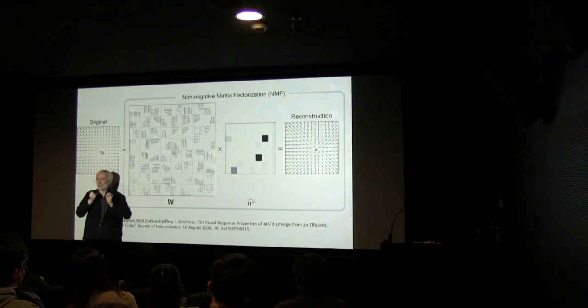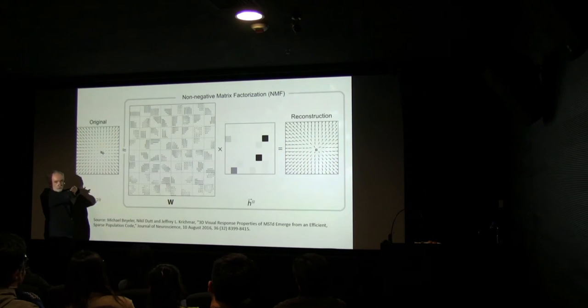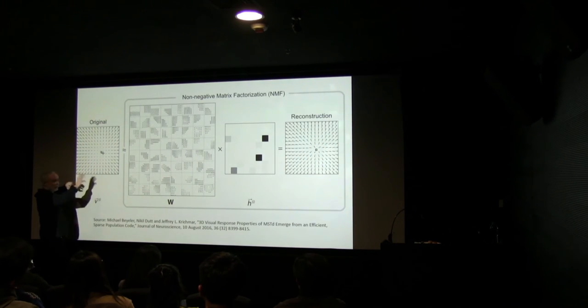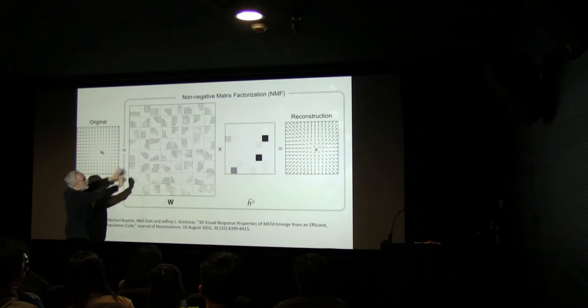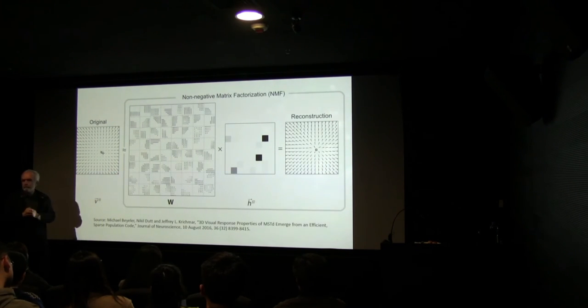So it creates a dictionary that breaks down. Let's say you give the computer a lot of optical flow frames. The computer will look at that and come up with its own dictionary. And I find that really interesting.